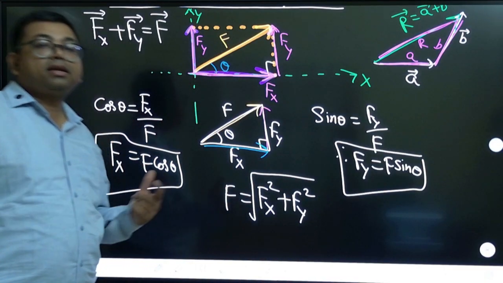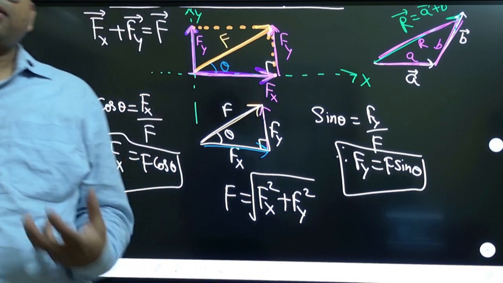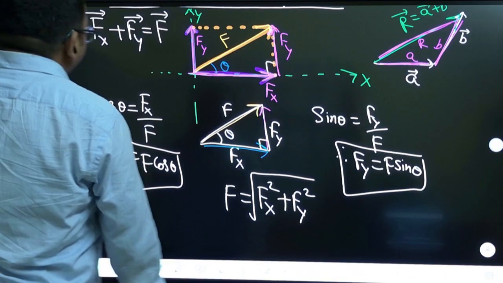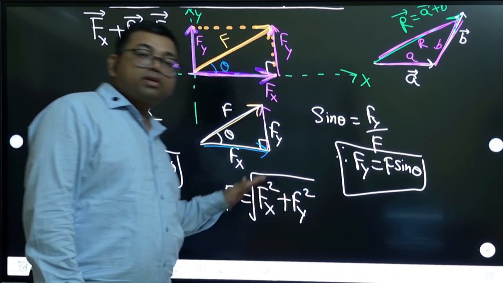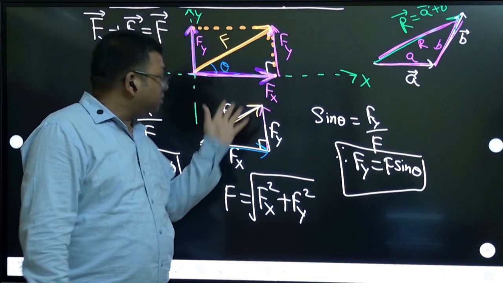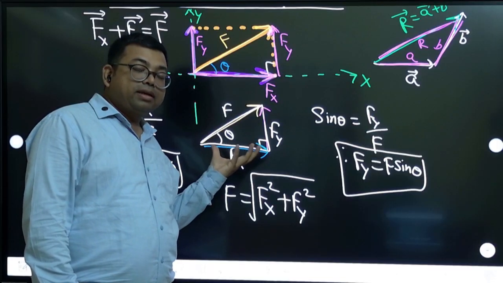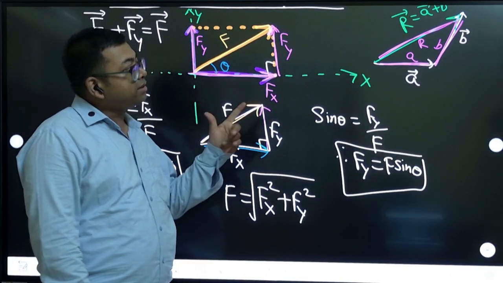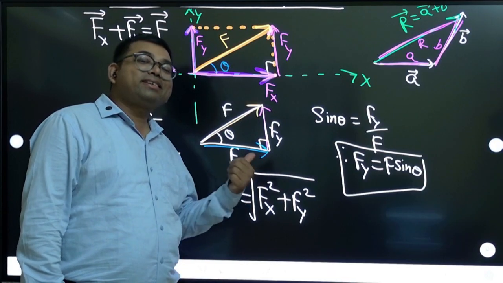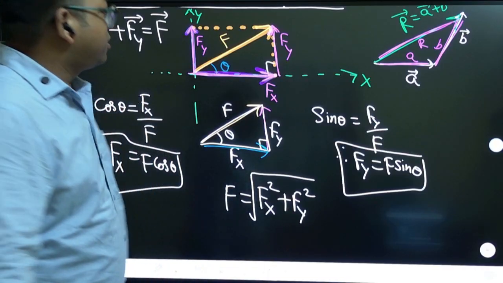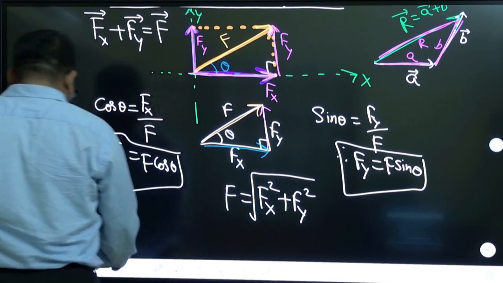That means the resultant magnitude is equal to root under Fx squared plus Fy squared, because the resultant is the diagonal of this rectangle, which is of course a right triangle, so we can use that. If it is not a right triangle, we can think of making it into a right triangle. Definitely we can do that. We'll see it.